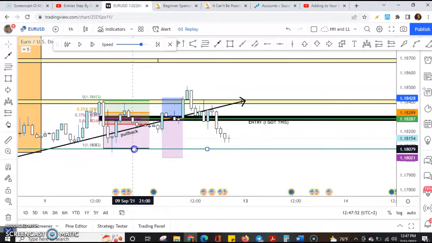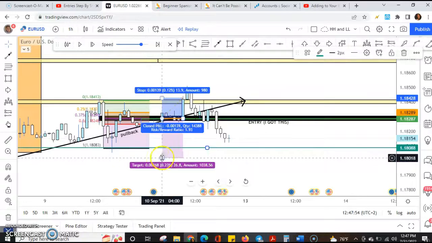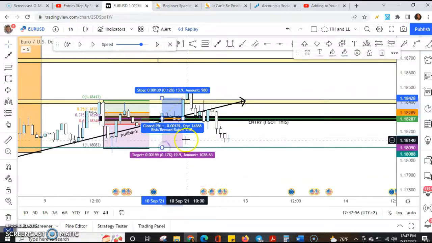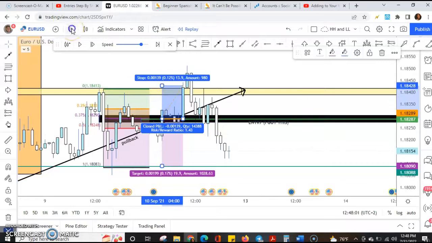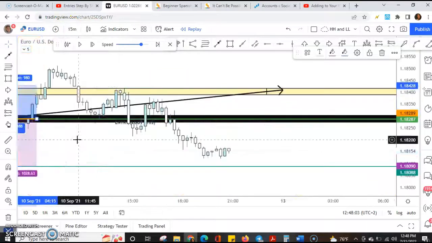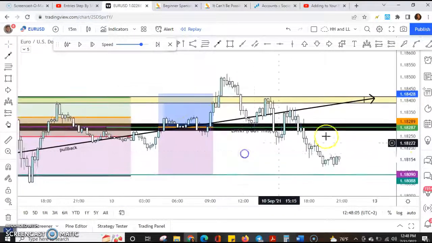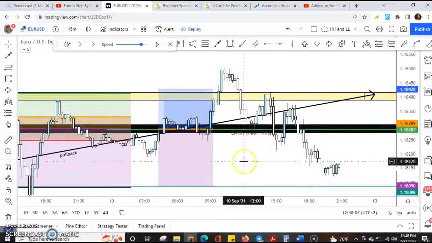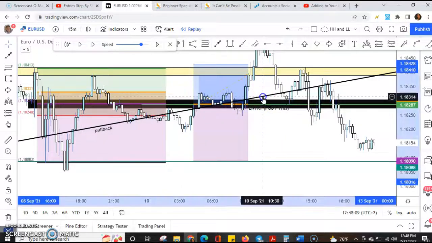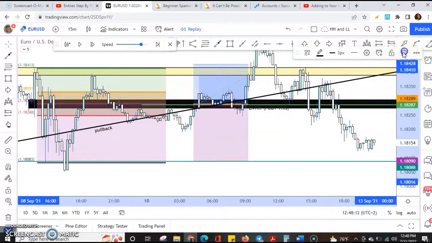Sometimes I'll make my TP to this level and my risk to reward is like a 1 to 5 sometimes. But I want to show you what happens when you get kicked out of the trade and then you find a better opportunity. Remember I said sometimes there's better opportunities for you to get back into this market? Okay, so I'm going to show you right here.